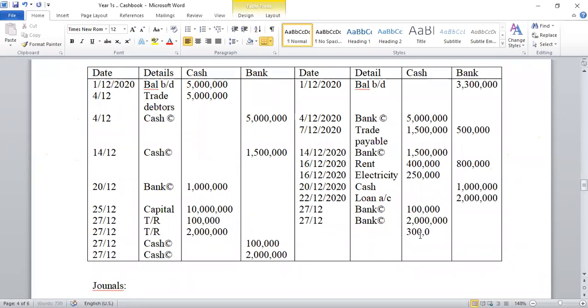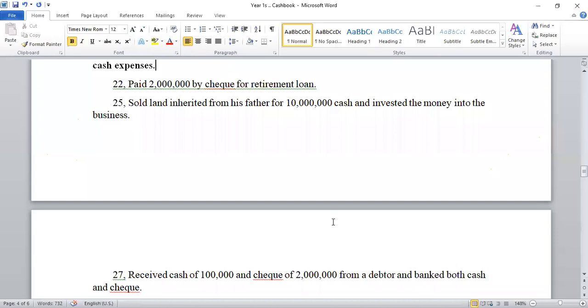Okay. Where is the money going to? Like I told you, the other account that is involved is drawings. Okay, when was it? It was on 30th December. So by passing all these transactions, I'm done with my cash book transactions.